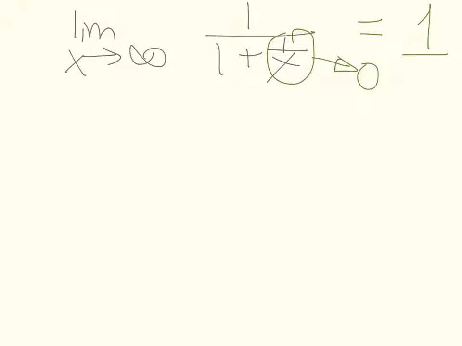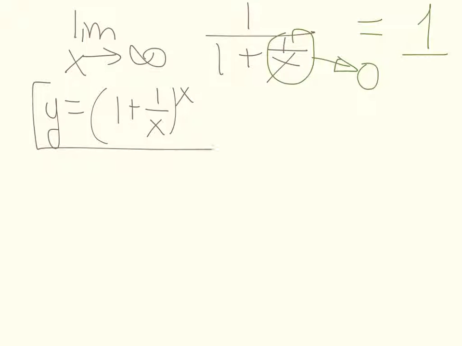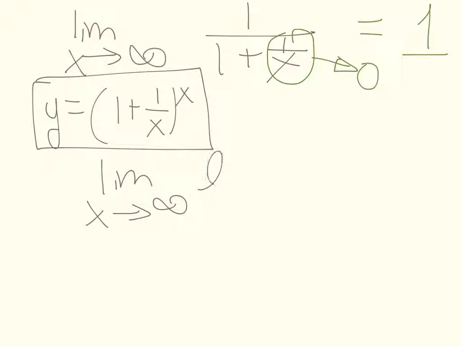But we're not quite finished with the problem because we did not find the limit of our original y. Remember, y was equal to (1 plus 1 over x) to the x. We found the limit of ln of y. What we did was we said the limit as x goes to infinity of ln of y is equal to 1.